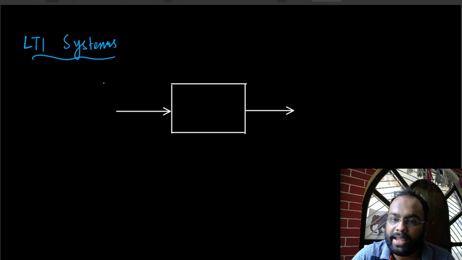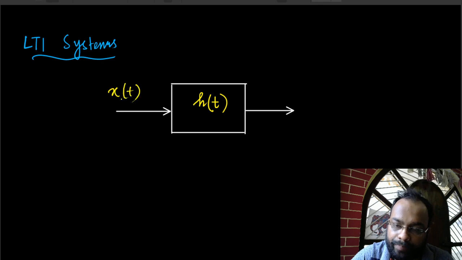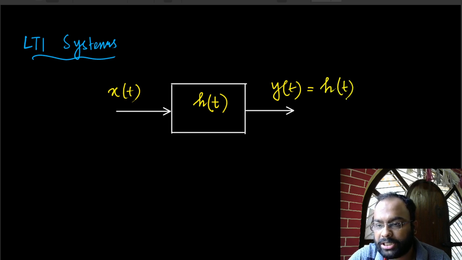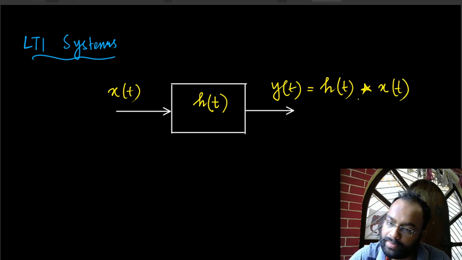If the impulse response of the LTI system is h(t), and the input to the system is x(t), then the output of the system can be calculated as a convolution between h(t) and x(t). We already know that, right?